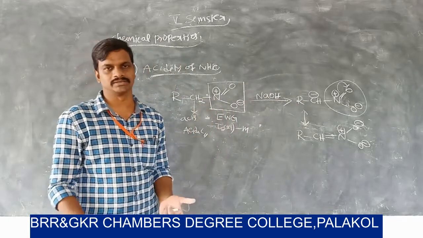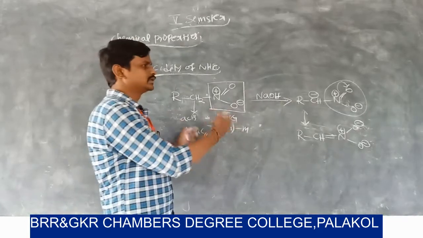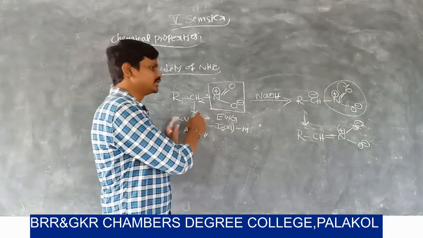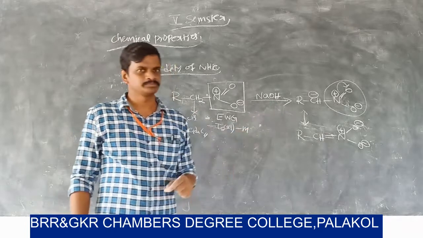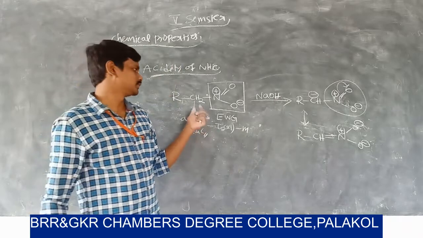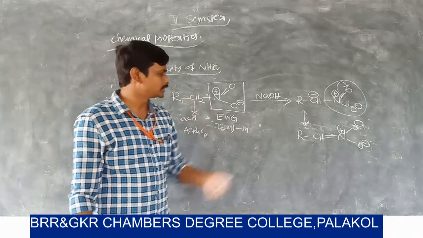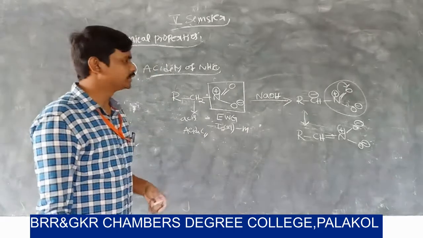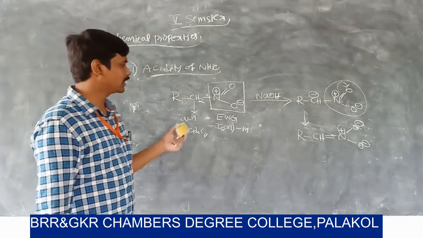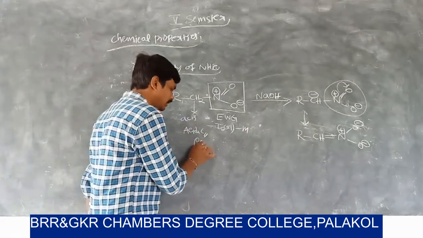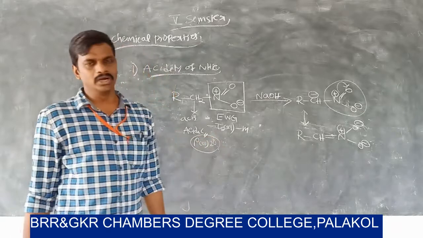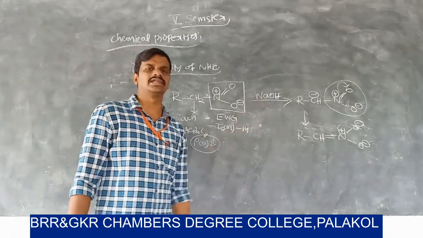Conjugate base means the two compounds have a difference of one proton. I mean, the acid and base compounds differ by only one proton. This is about the acidity of nitrohydrocarbons. Primary nitrohydrocarbons or secondary nitrohydrocarbons form salts with alkali medium.